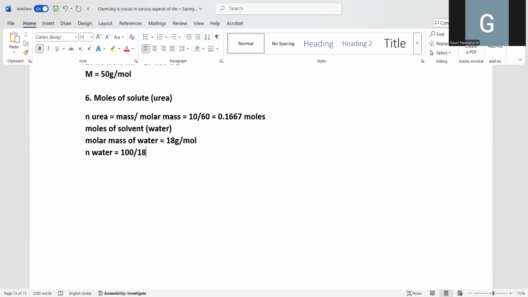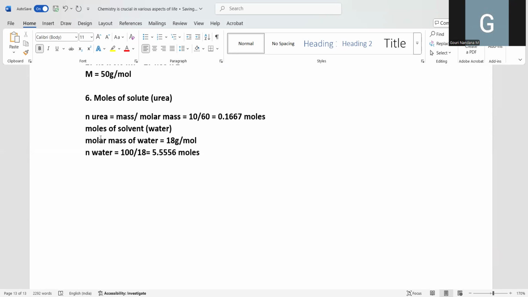So the number of moles of water will be 100 by 18, which is equal to 5.5556 moles. As we took 4 digits in the above, we'll take 4 digits here also.